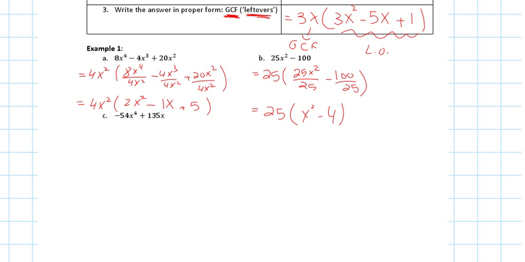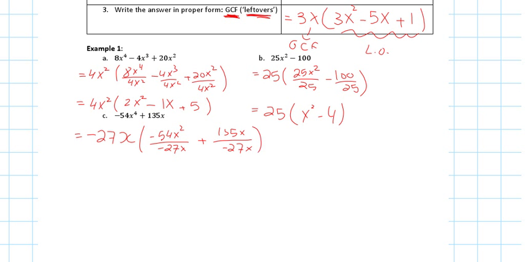So my common factor is negative 27, and we said x, because x has my lowest degree. So I divide negative 54x to the 4 by negative 27x, and then I divide 135x by negative 27x.